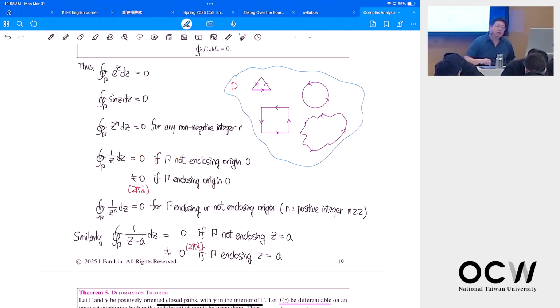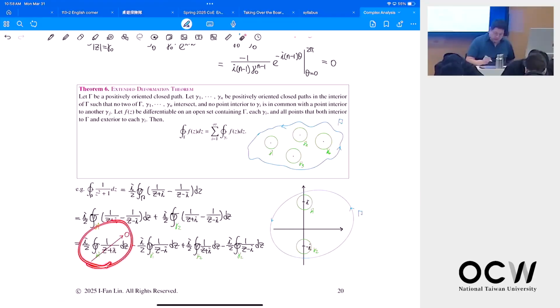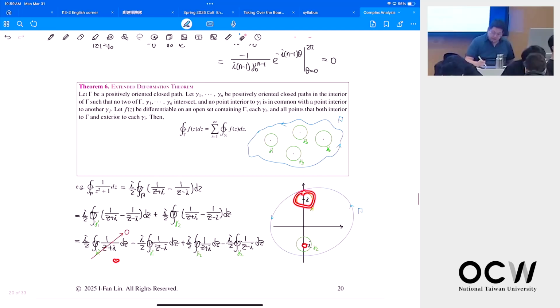Now for this situation, gamma 1 is here, and then the singular point is this. For this closed curve, they don't enclose that singular point. So this circular integration will be 0. Okay?